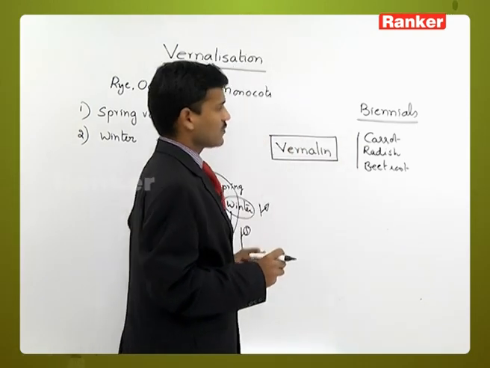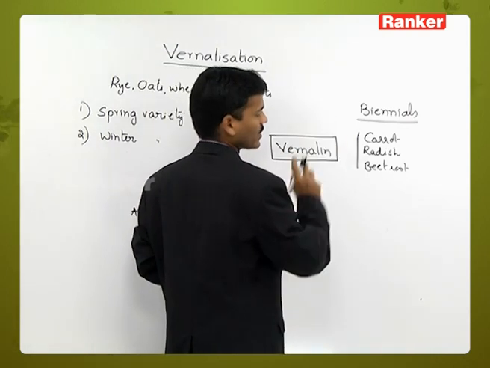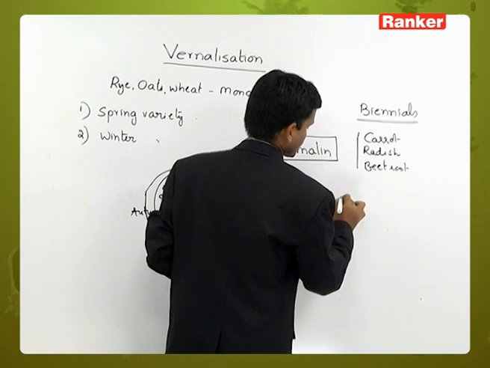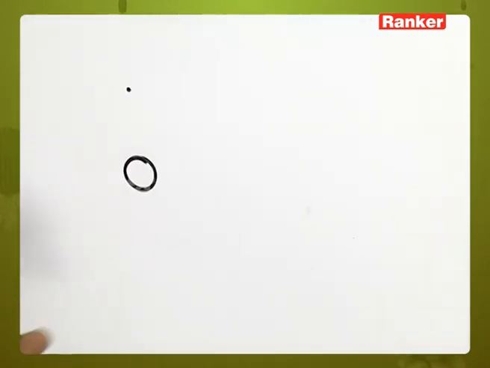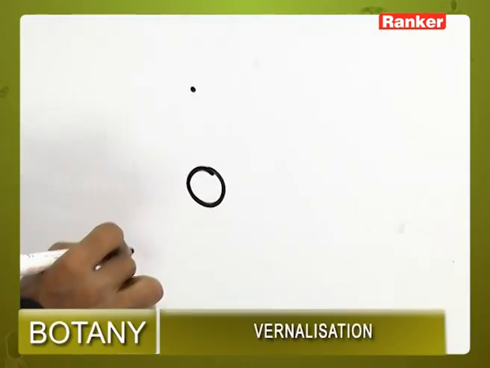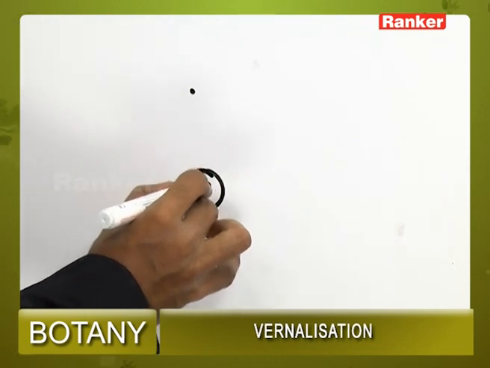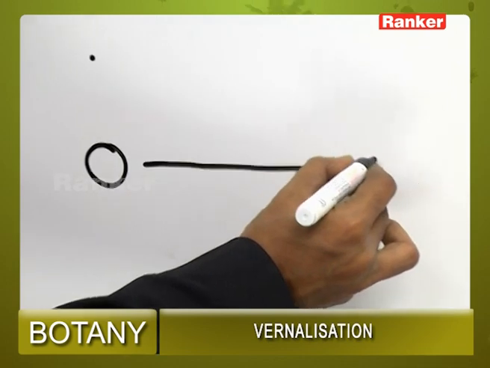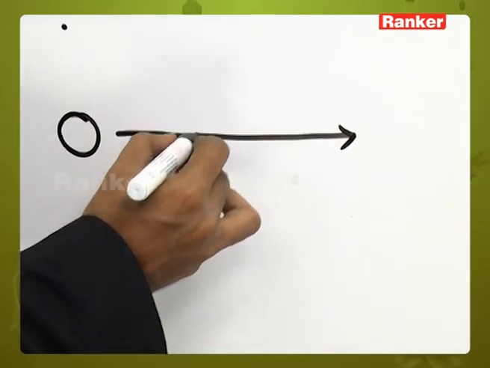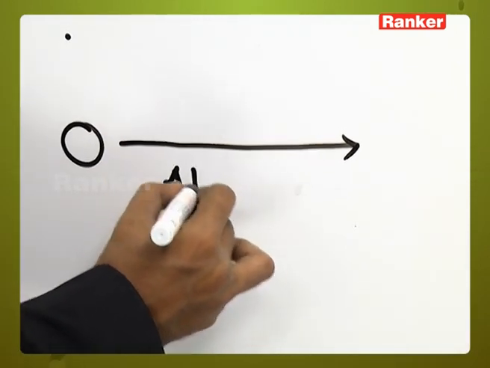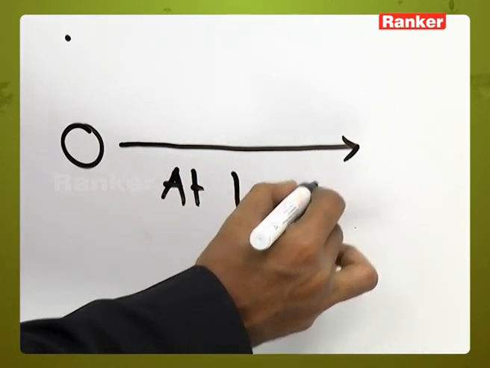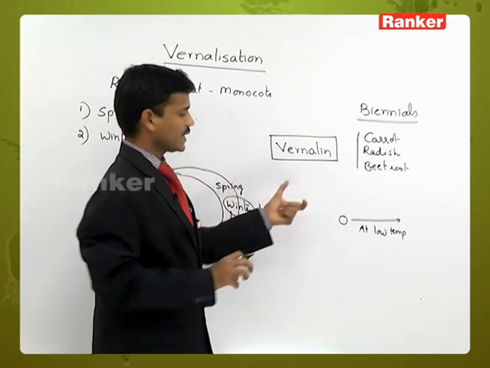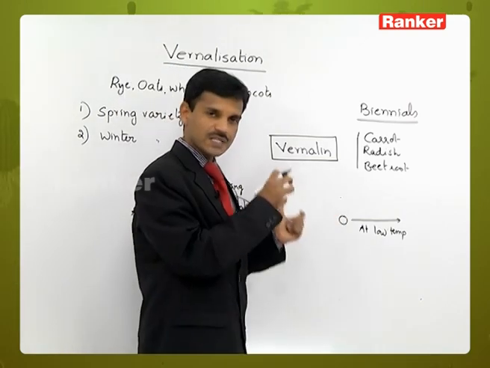How can we convert them? Biennials can be converted into annuals. The biennial plant seeds are treated with low temperature before seed germination.